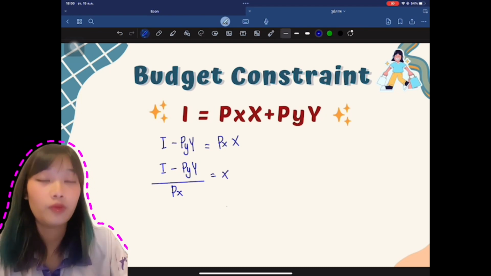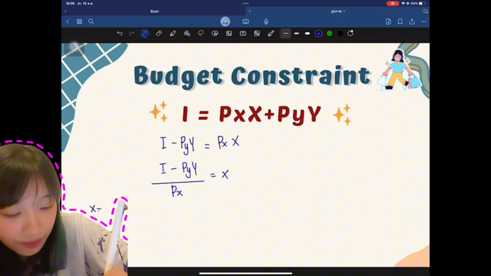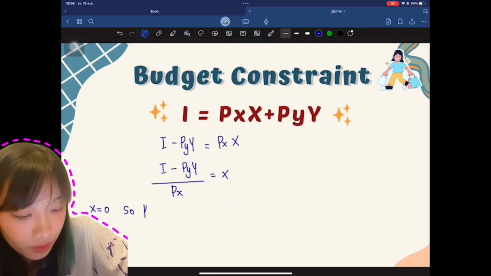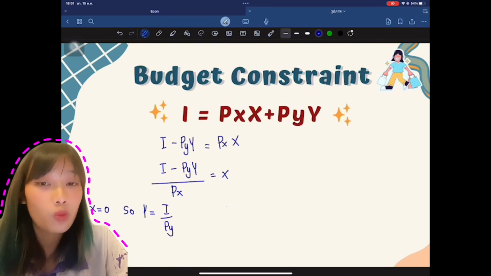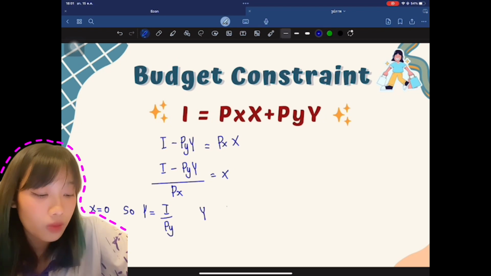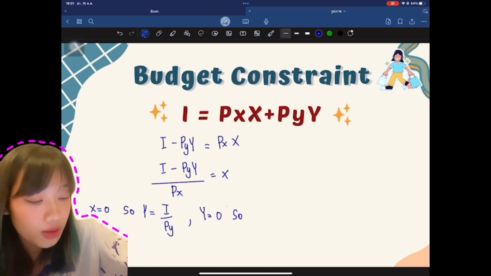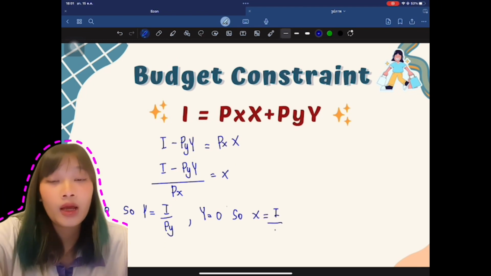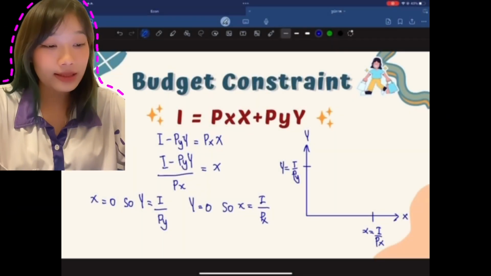So if we assume X is equal to 0, I will get Y is equal to I over Py, and then if we assume Y equals 0, we can get X equals I over Px. So we can draw the graph. You can draw the graph like this.